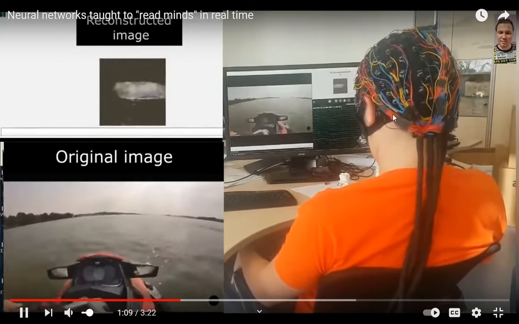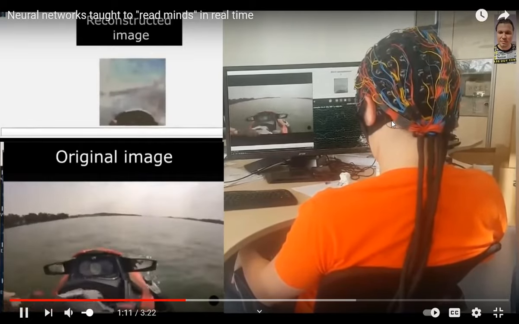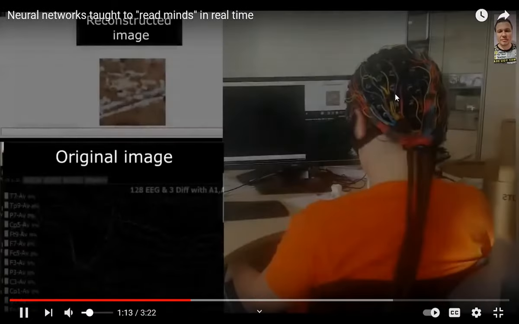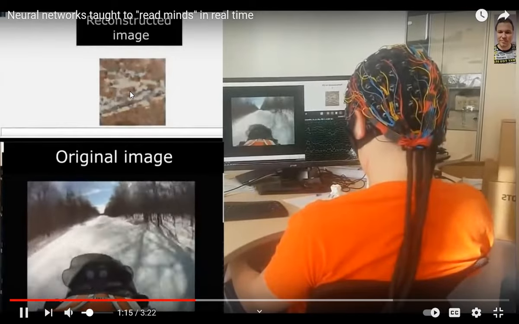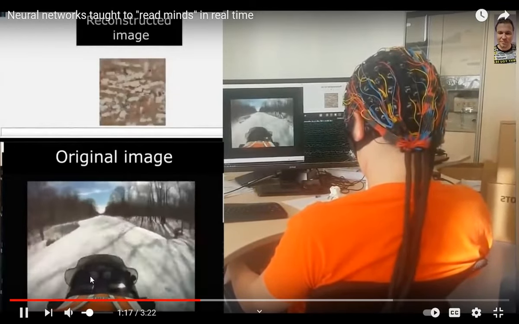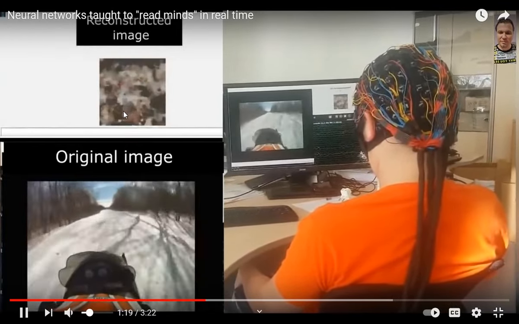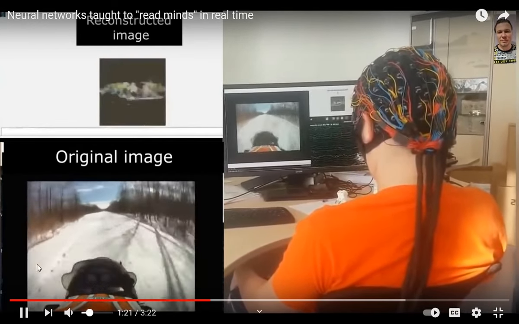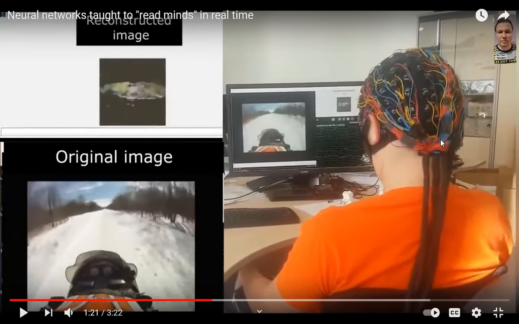Based on neural activity, more so from the visual cortex, you can reconstruct someone's vision. This is what they see, and this is what the computer reconstructs. Now the problem here is that all these wires and these electrodes have to read the neural activity through this person's skull.